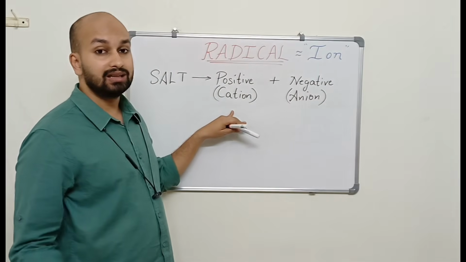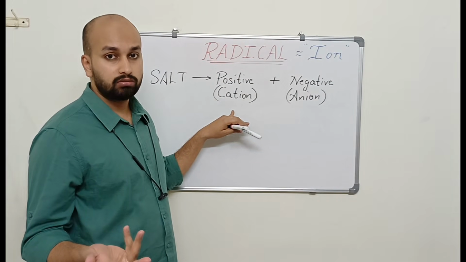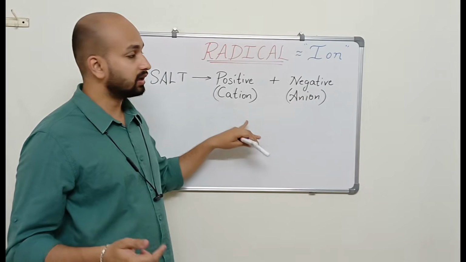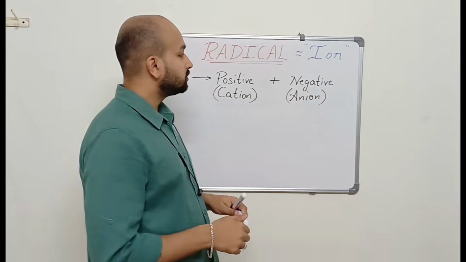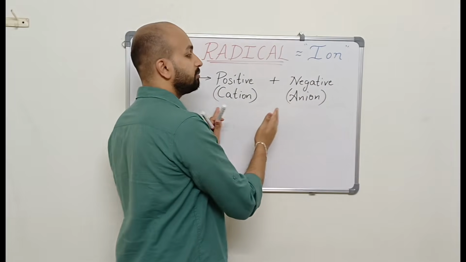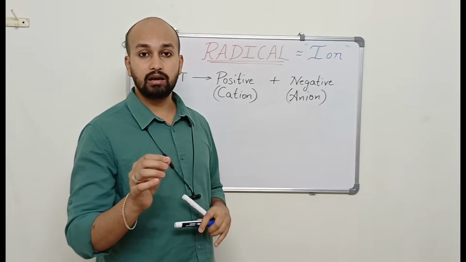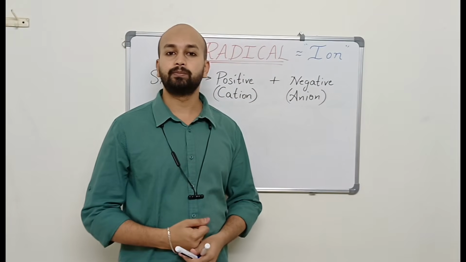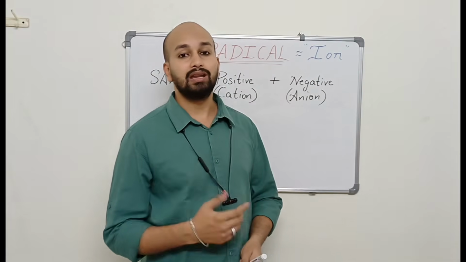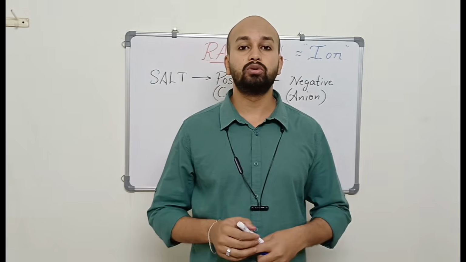The positive part is also called cation. I'm sure you are familiar with that. And the negative part is called anion, right? So these individual particles are also called radicals. Okay, so any salt is made up of two parts.